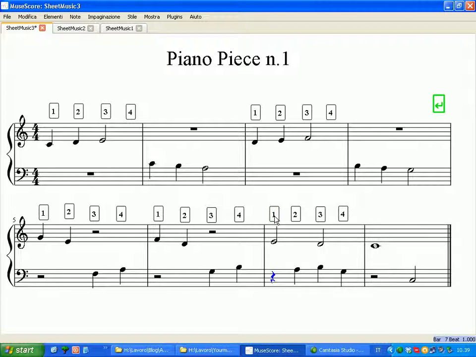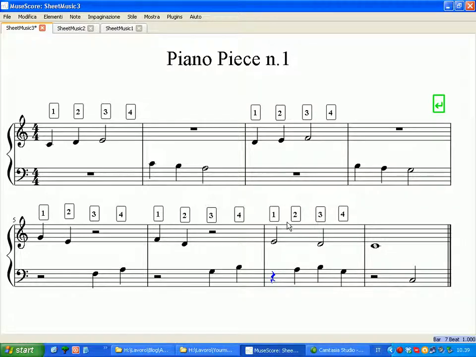So we will have the first beat in correspondence of this quarter note rest. Then, of course, a quarter note rest has the same duration as a quarter note.